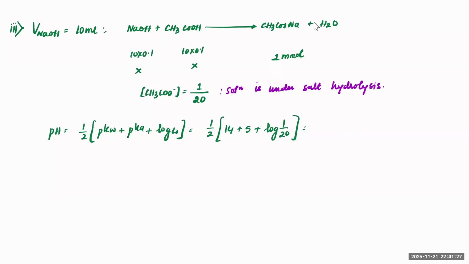So it is 19 minus 1.3, correct? So that is 17.7 divided by 2, which comes out to be 8.85. Of course, it has to be greater than 7 only, because you are making a salt hydrolysis of weak acid and strong base. pH has to be greater than 7.